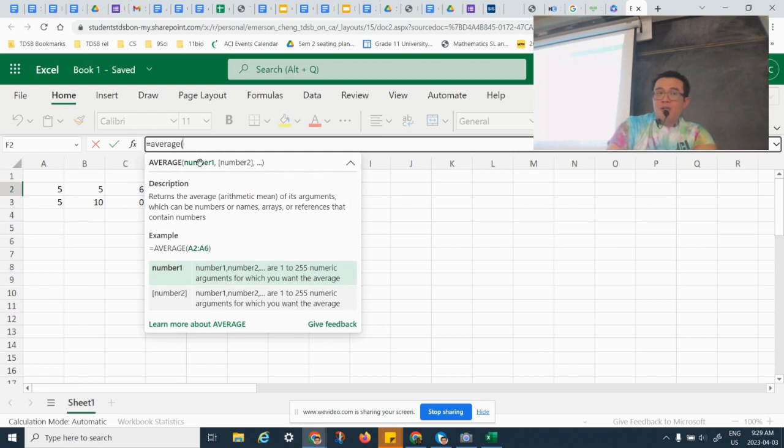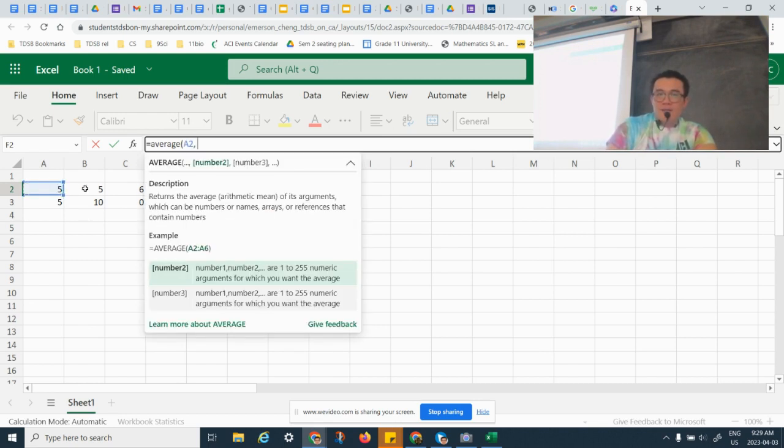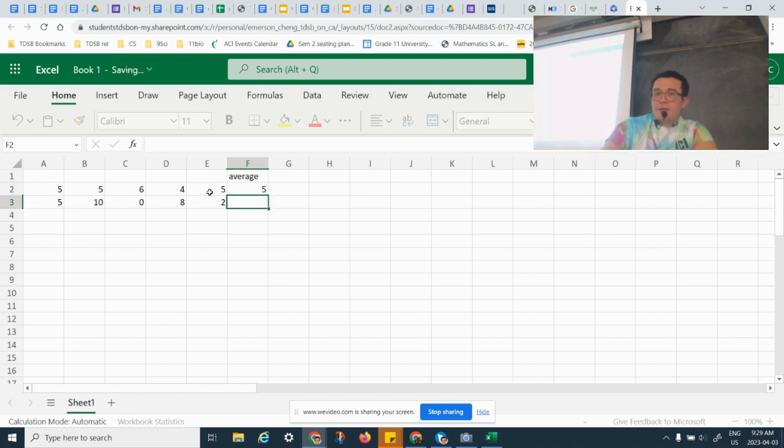And I can either enter this one, comma, this one, comma, this one, comma, and do it that way. Or I can just click and drag and show, I want to calculate the average of these 5 numbers. Close the bracket, press enter, it calculates for me.